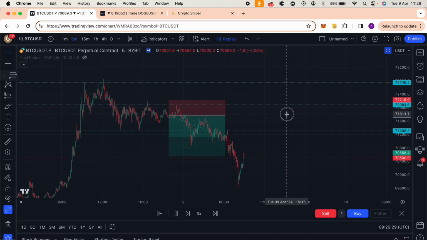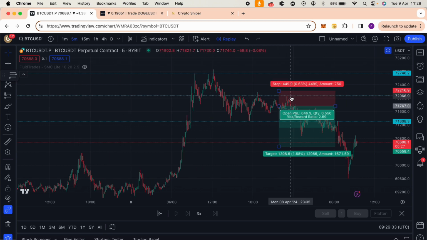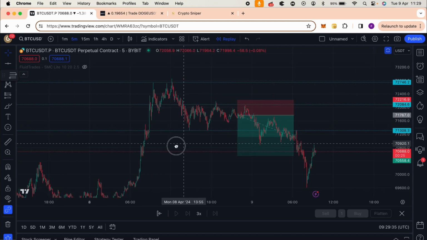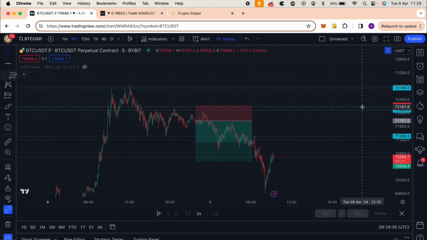I could even have held that trade longer and made more money, but as you can see, with a 1 to 3 risk reward, it's a perfect strategy because you just need to win 25 trades out of 100 trades.